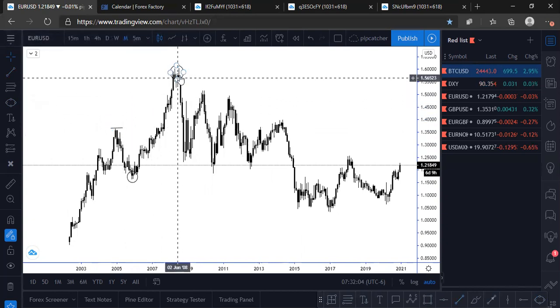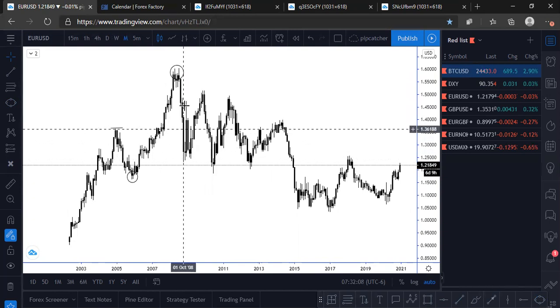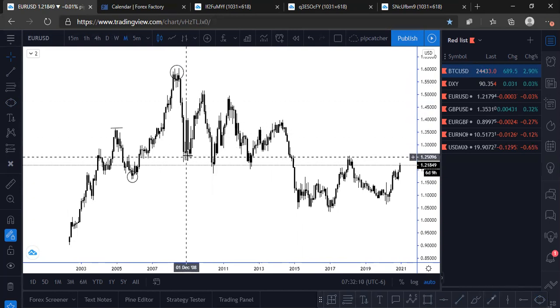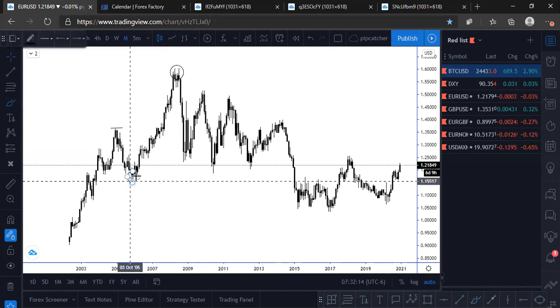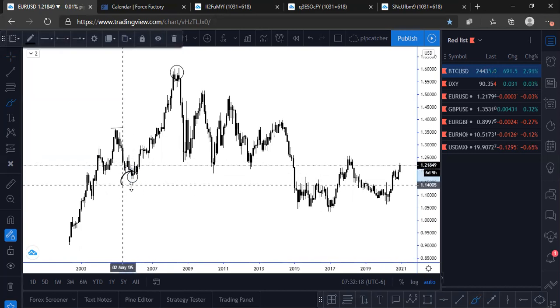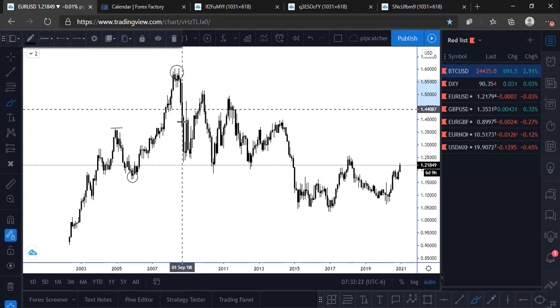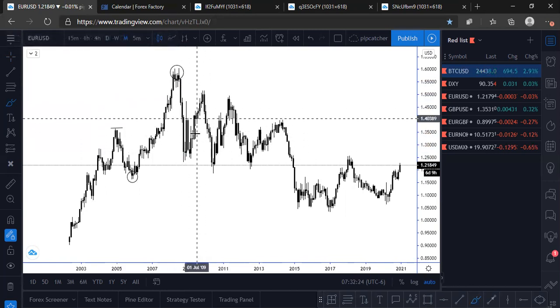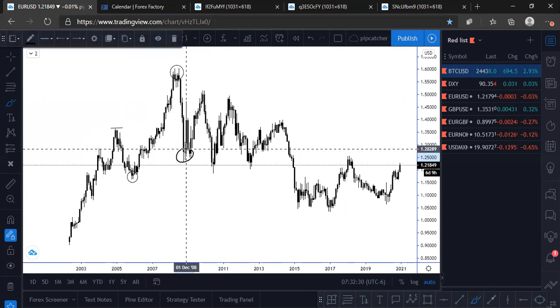But if you look at the move to the right, where price drastically dropped and traded back up, we didn't break this low down here. This low didn't get broken from this swing point right here. So I would say this would still technically be bullish.